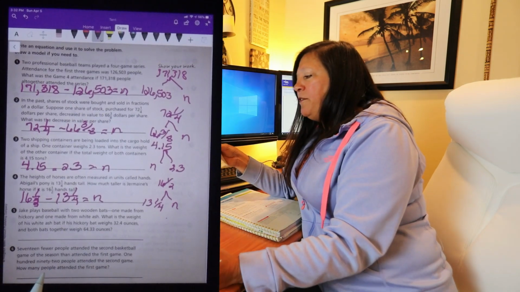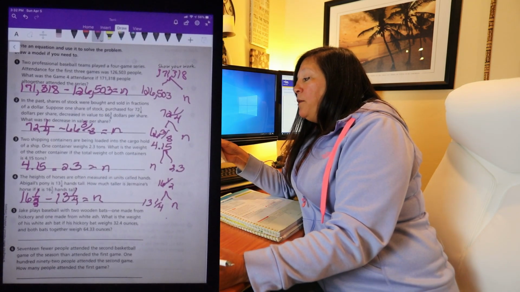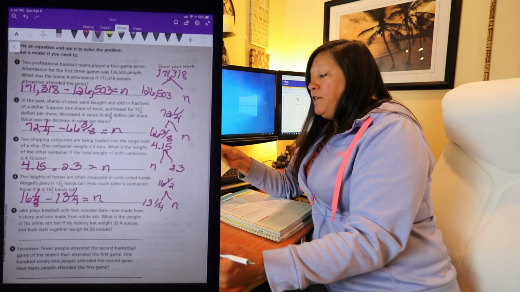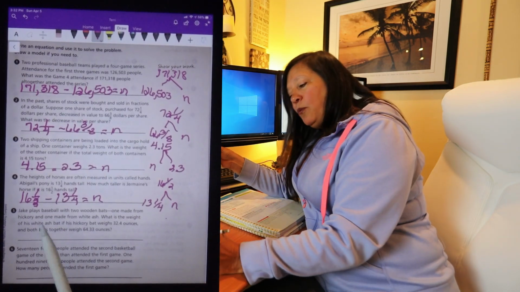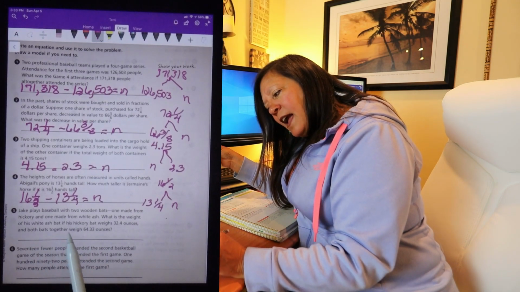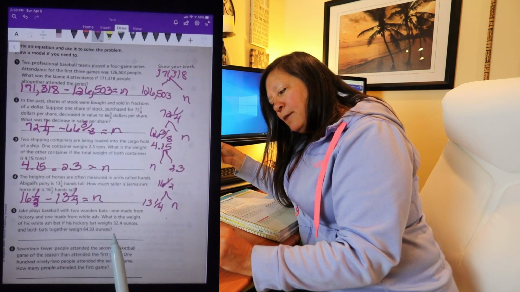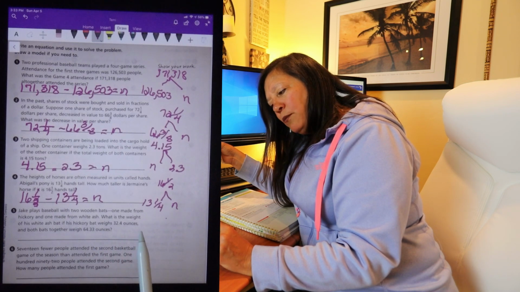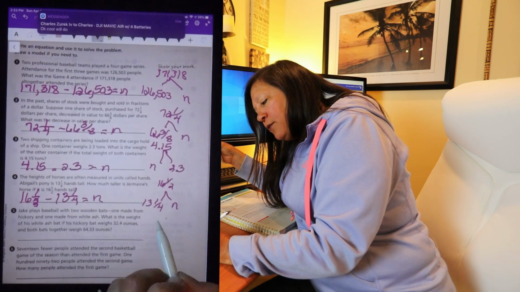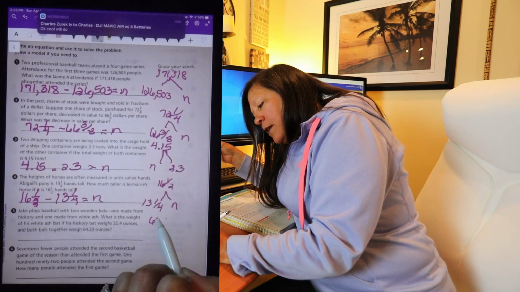Okay, number 5. Jake plays baseball with 2 wooden bats, one made from hickory and one made from white ash. What is the weight of his white ash bat if his hickory bat weighs 32.4 ounces and both bats together weigh 64.33?